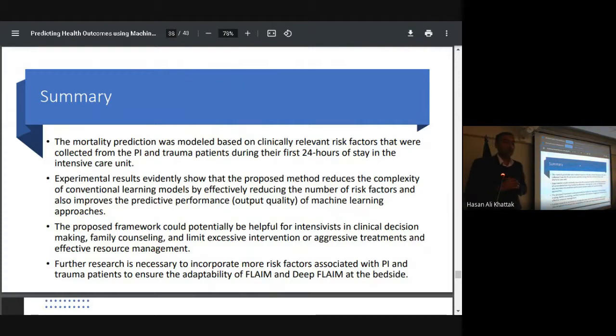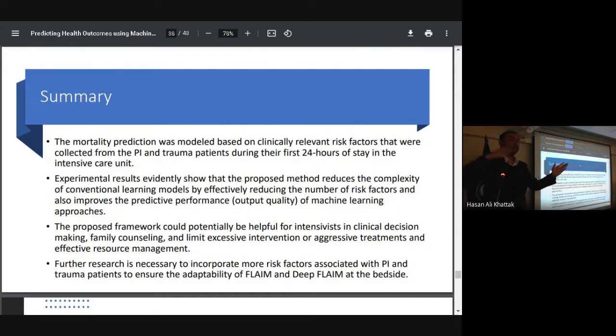The third point is the lessons learned. The proposed framework could potentially be helpful for intensivists, the people working in intensive care, in clinical decision making and also in family counseling.